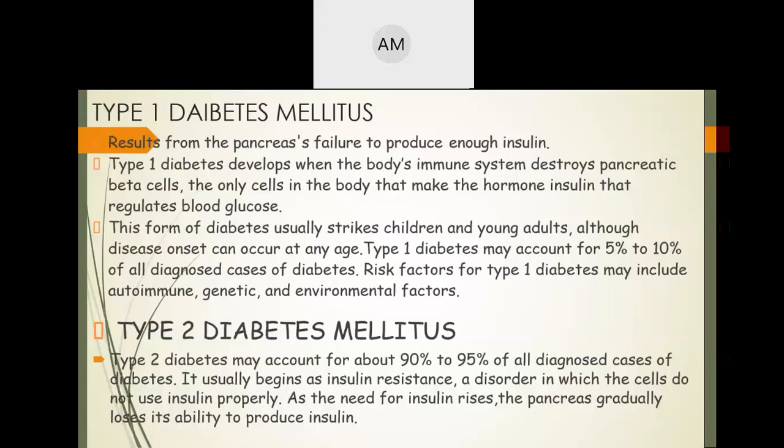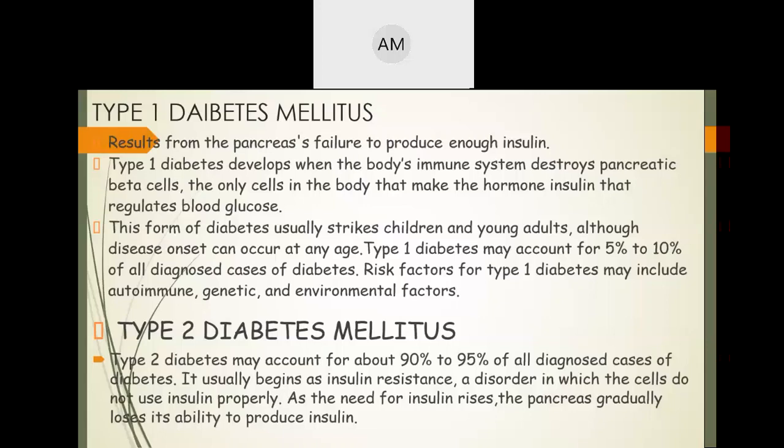Because of that, in the blood, both the levels of insulin as well as glucose rise up. In type 1 diabetes mellitus, the glucose levels in the body are very high, but the insulin levels in the blood are very low because there is no production of insulin. But in type 2 diabetes mellitus, both the insulin levels and the glucose levels are high.